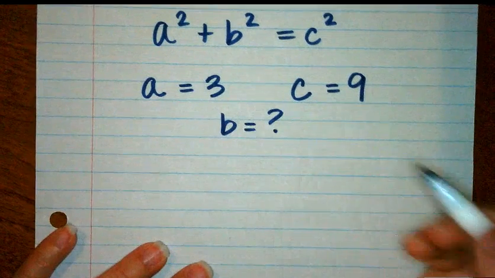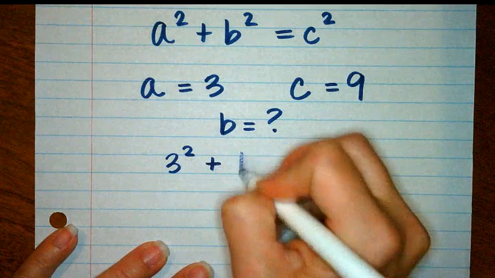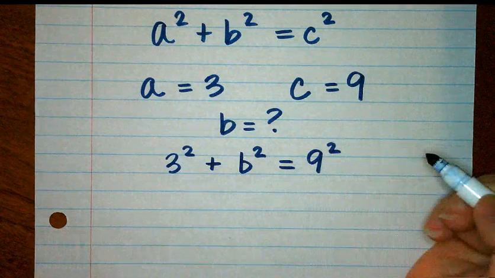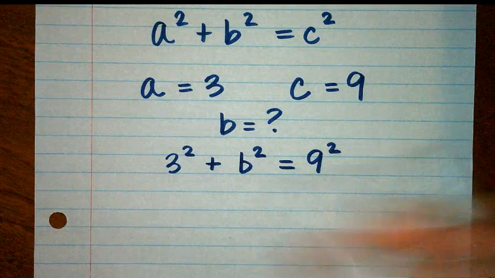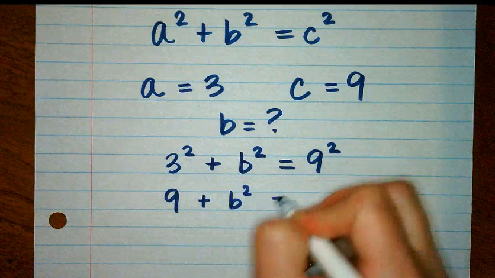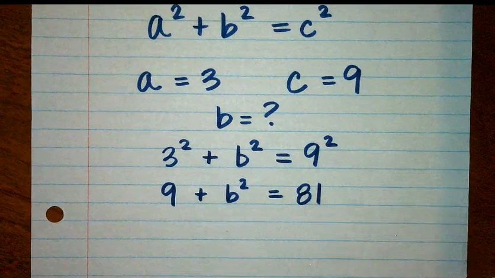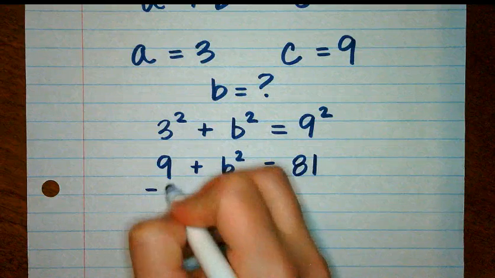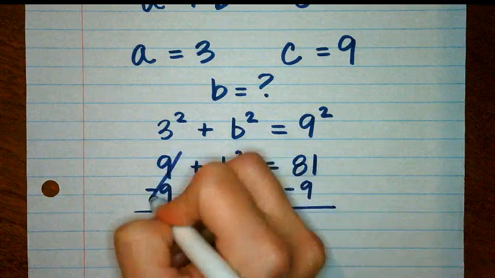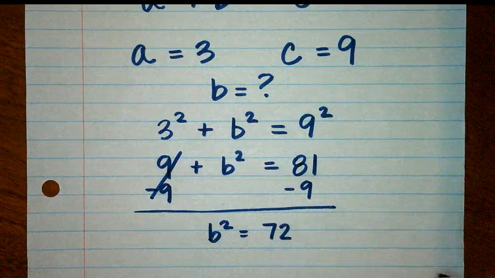Using our formula, 3 squared plus b squared has to equal 9 squared. 3 squared is 9, we don't know what b squared is, and 9 squared is 81. I need to subtract 9 from both sides.